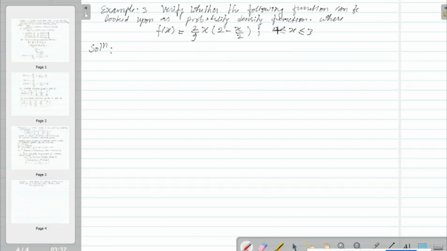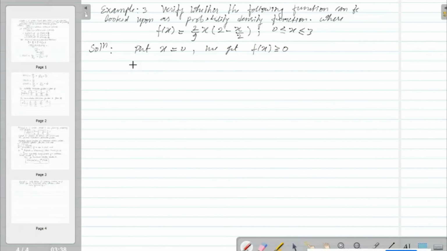Putting x equal to 0 in this equation, we get f of x equal to 0, so this is greater than or equal to 0. So the first condition holds. The second condition says f is integrable. Yes, this is definitely integrable because this is a continuous function.